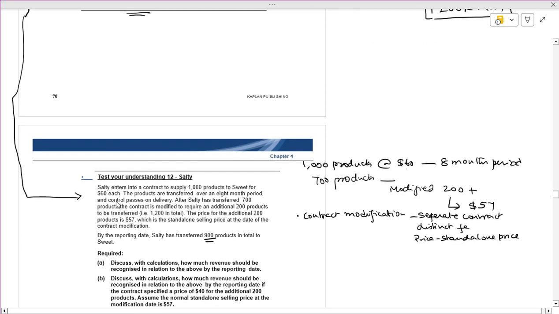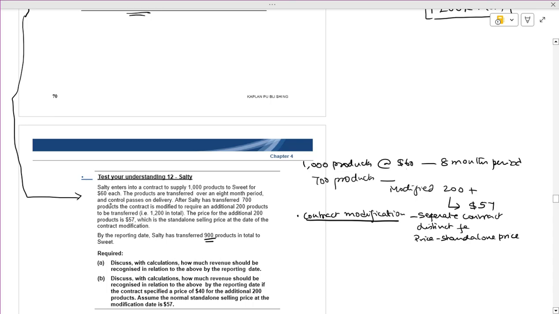Now, what is the revenue on the reporting date?